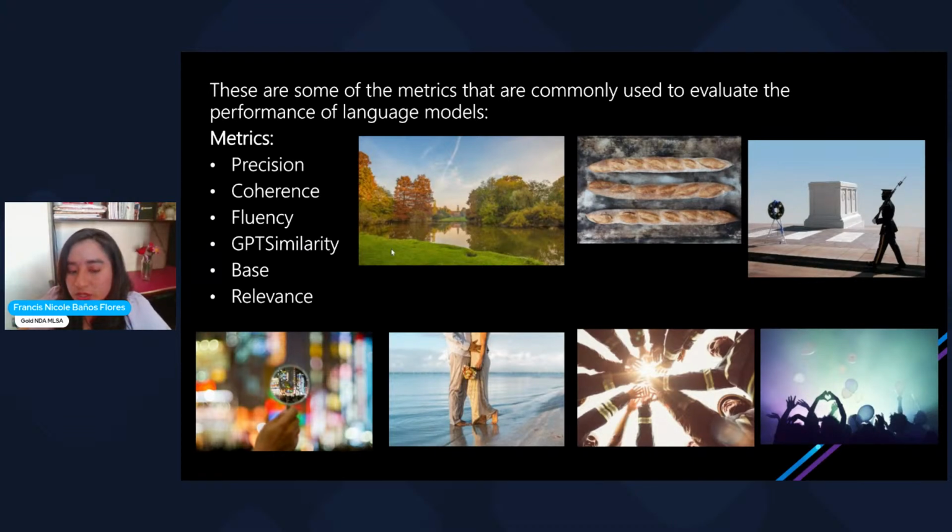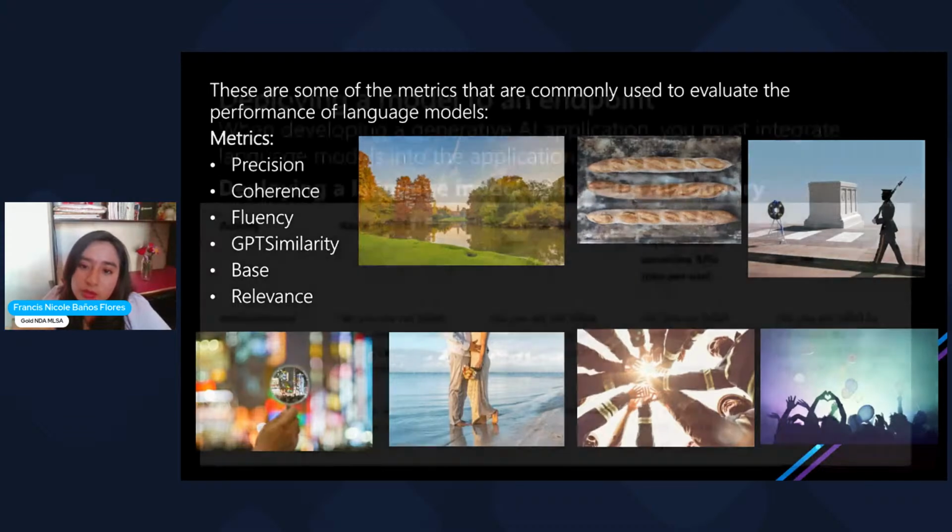This is going to be like trying the different models that we will be seeing in a couple of minutes, the base and the relevance. So, of course, we have to understand that with these metrics, we have to be more specific about this when training these kinds of models.